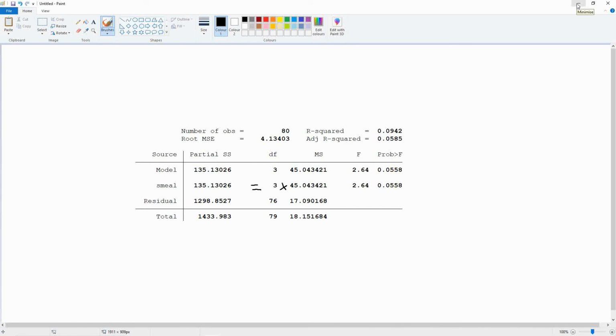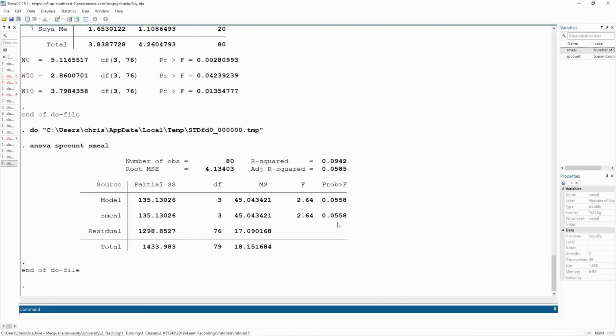Now, where does this 2.64 take us? This 2.64 simply represents the ratio of mean sums of squares of our IV to the residual, which effectively means if we talk about a one-on-one basis, or as close to one-on-one as we can get, our IV is actually a pretty good predictor to some extent.